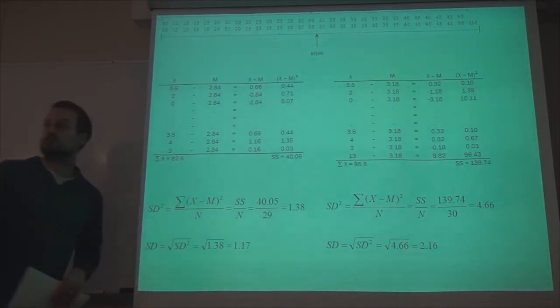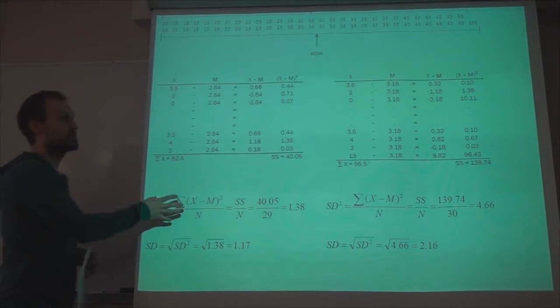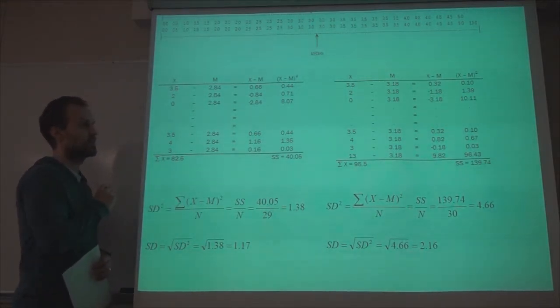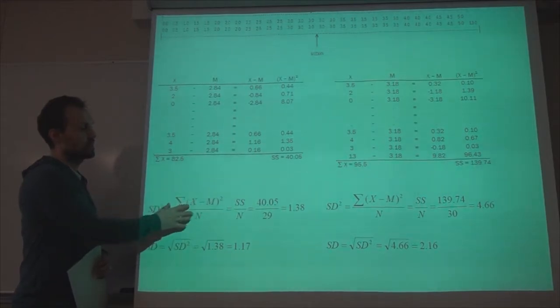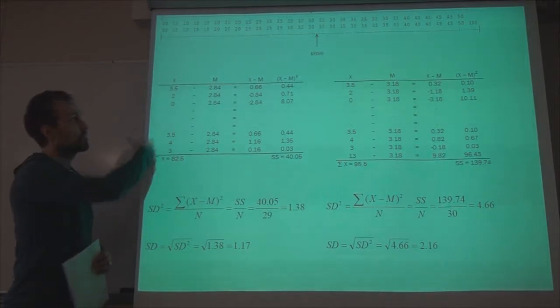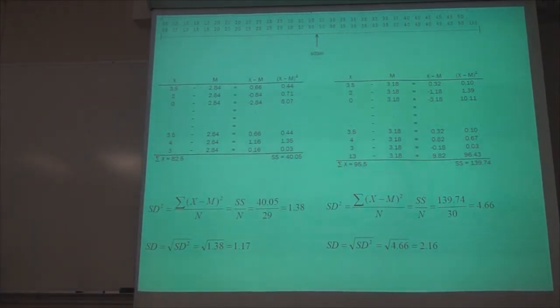And when you go to a computer, it doesn't matter what the formula is that we use. So we're going to use the definition formula to calculate these, even though it's a little more tedious to do by hand. It shows the calculation much better, and it helps me remember it much better. When we have larger data sets, then I let the computer figure it out. But it's important for me to know the basics of how that number is calculated.